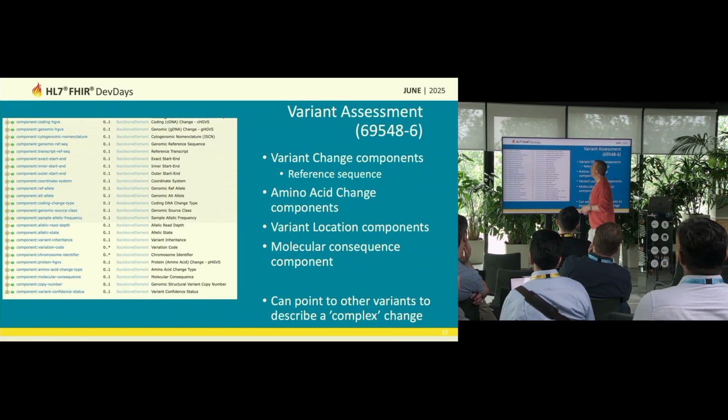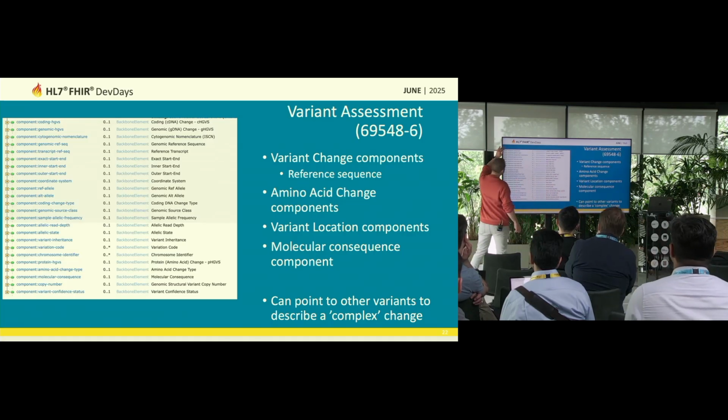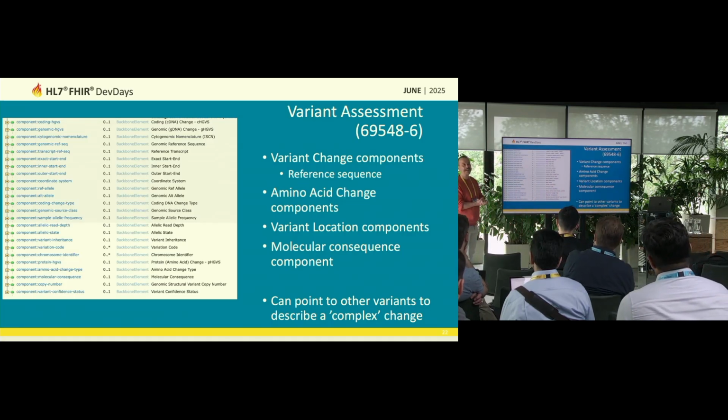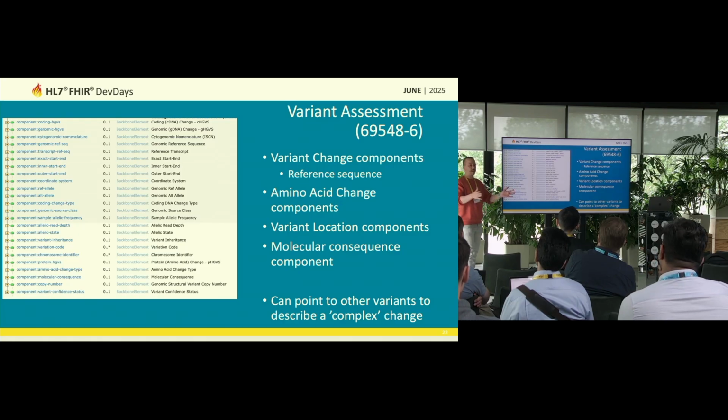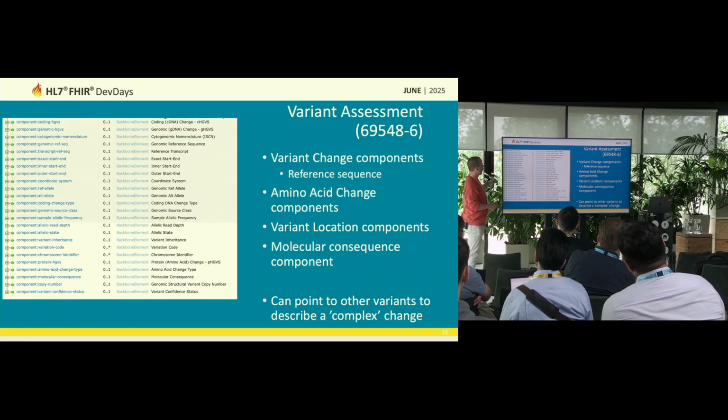Here we can see, I told you we love components. So here are some components we are using. Coding HGVS, so some HGVS representation of the mutation. We have the reference sequence, the transcript reference sequence. We have exact start end, inner start end, outer start end for structural variations where you don't really know where it starts, so we can also support a range. Which coordinate system are you using?